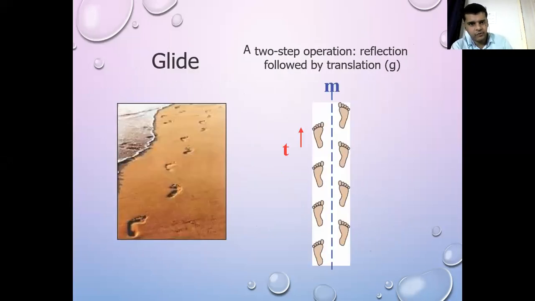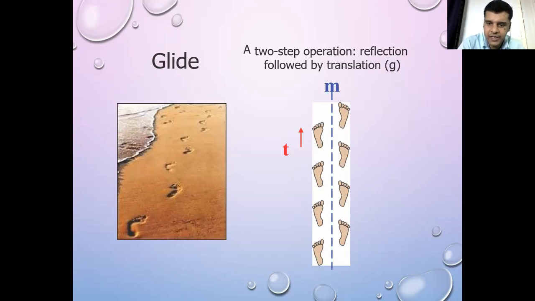Next, we will go for what is glide. If you just look at this image, glide is nothing but parallel groups of atoms going towards a single direction.